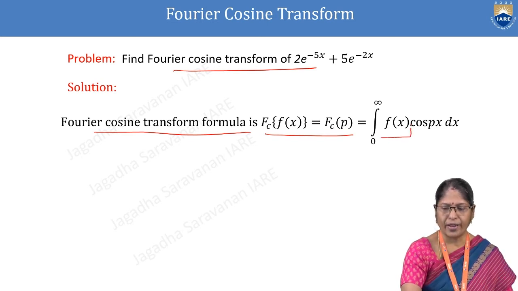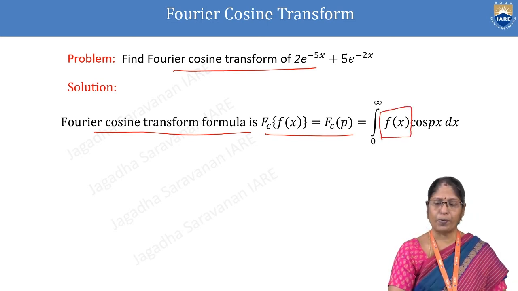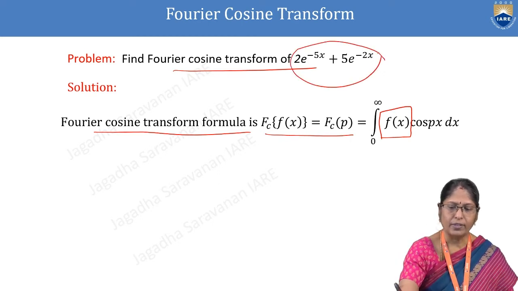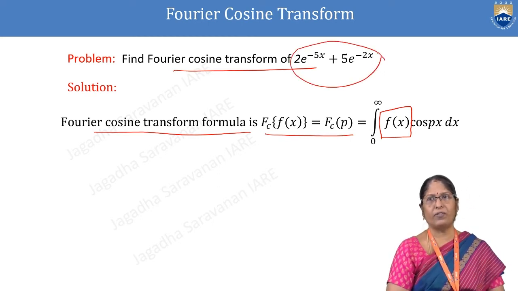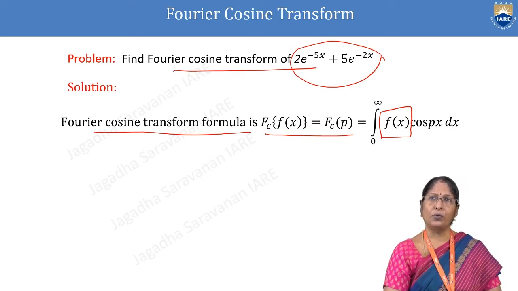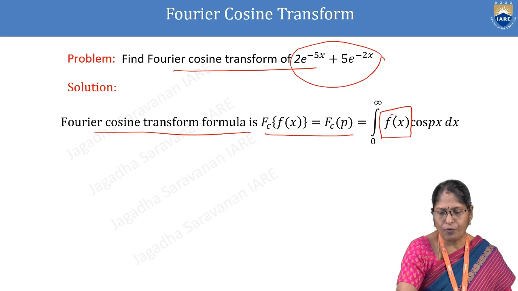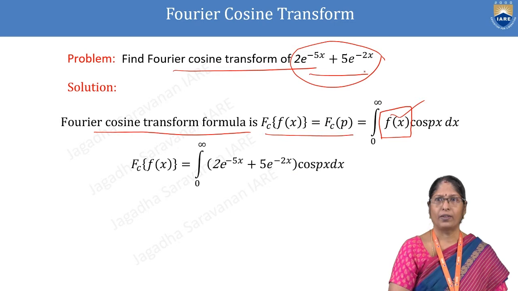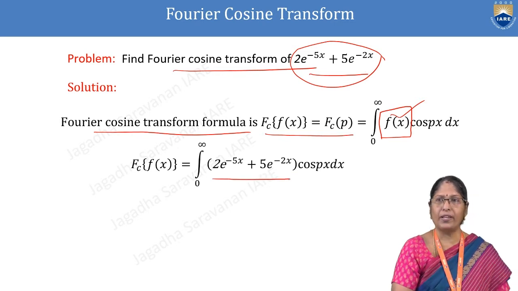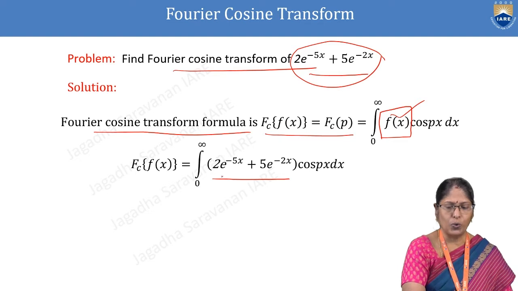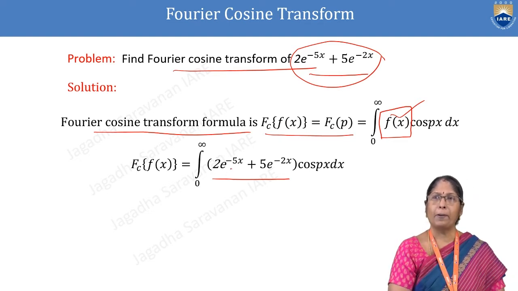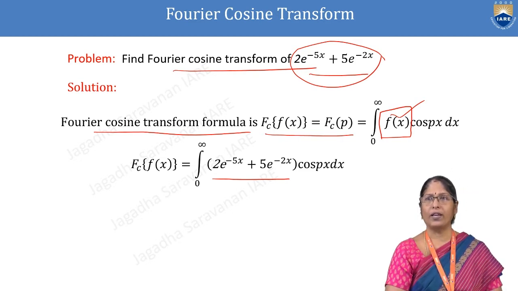Our f of x, according to the problem, is 2 into e power minus 5x plus 5 into e power minus 2x, so we replace f of x by the given function, into cos px dx.